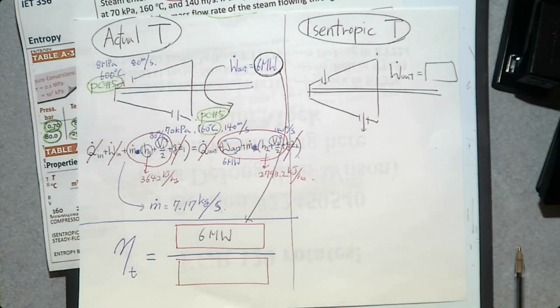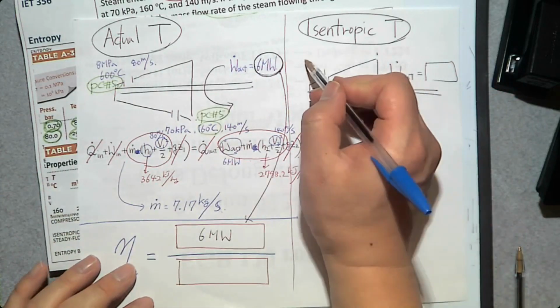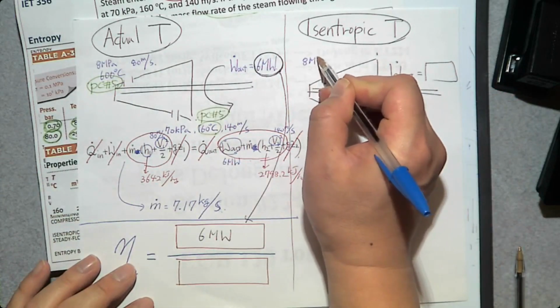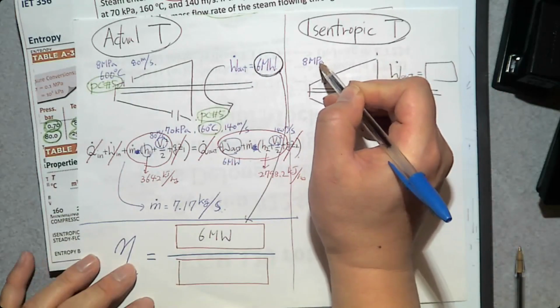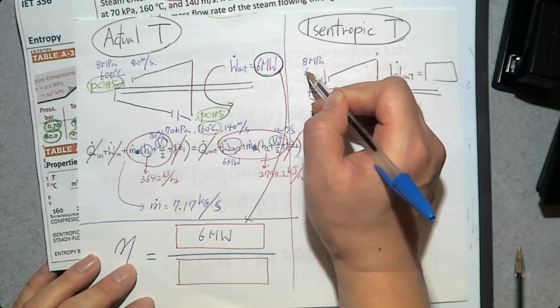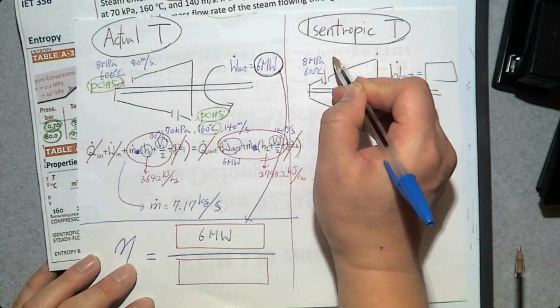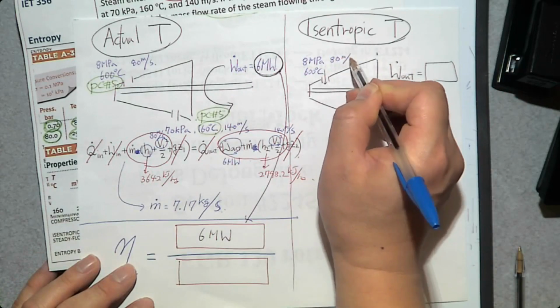We don't know how much power it produces. It could be greater than 6 megawatt, unless this is an isentropic turbine. Of course, this is not, right? Then now the exit condition: 8 megapascal, 600 degrees Celsius, 80 meter per second.